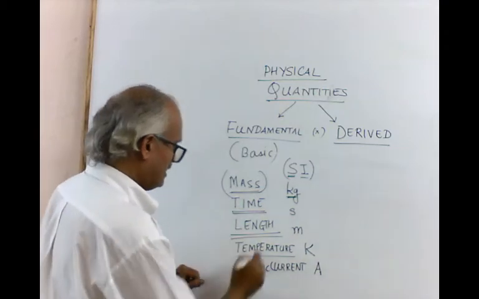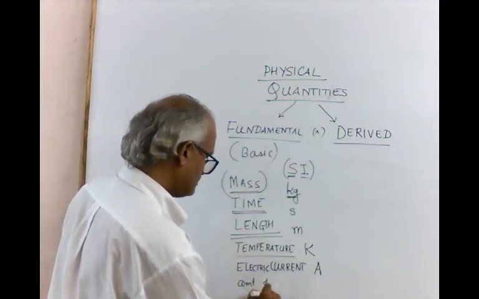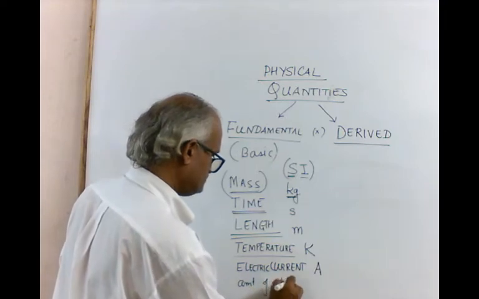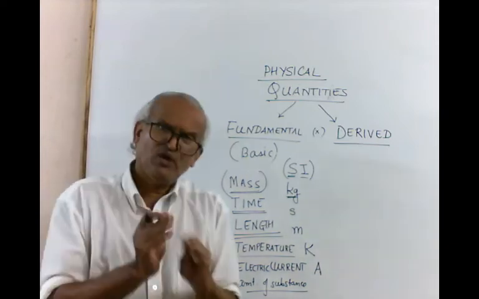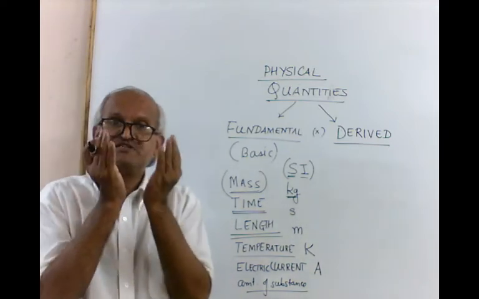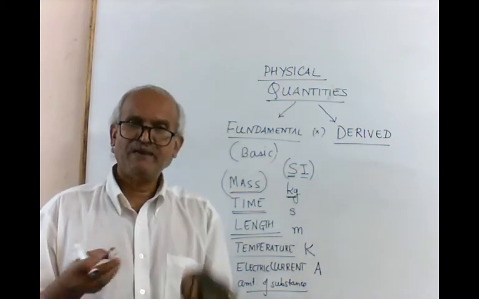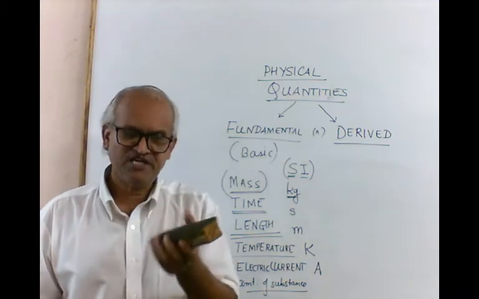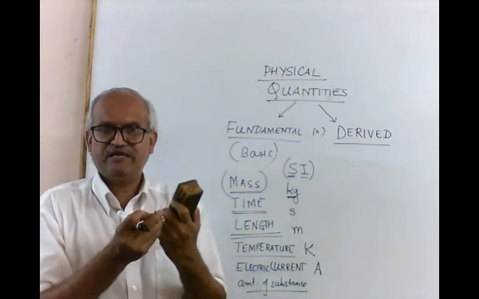फिर इसके अलावा you have amount of substance. अब mass also in a way is a measure of how much substance. So when you say mass is 200 gram or whatever or 0.2 kg, it in a way refers to how much material is there in it.